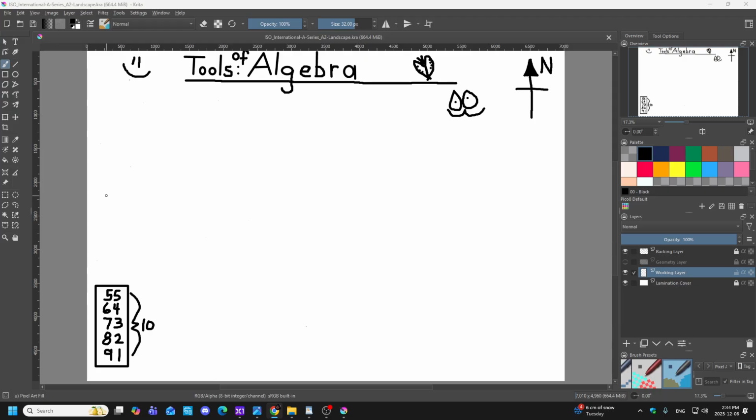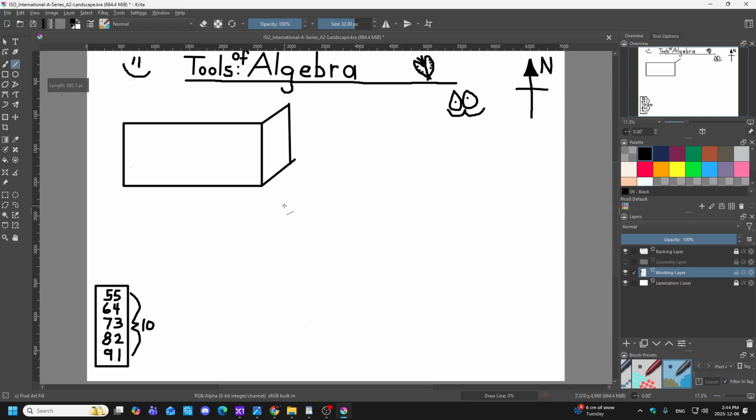I guess I could attempt to do this. I'm going to try. It'd be nice if I could just copy the lines down. It would definitely be easier.